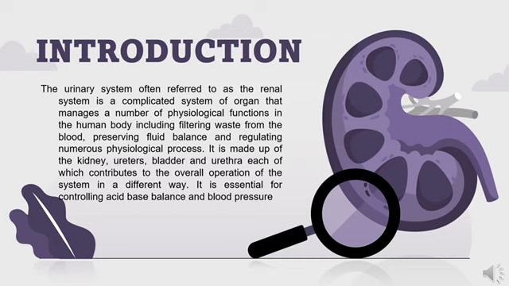It is made up of the kidney, ureter, bladder, and urethra, each of which contributes to the overall operation of the system in a different way. Overall, the urinary system is essential for maintaining homeostasis, eliminating waste products, regulating fluid and electrolyte balance, and supporting various physiological processes in the human body.